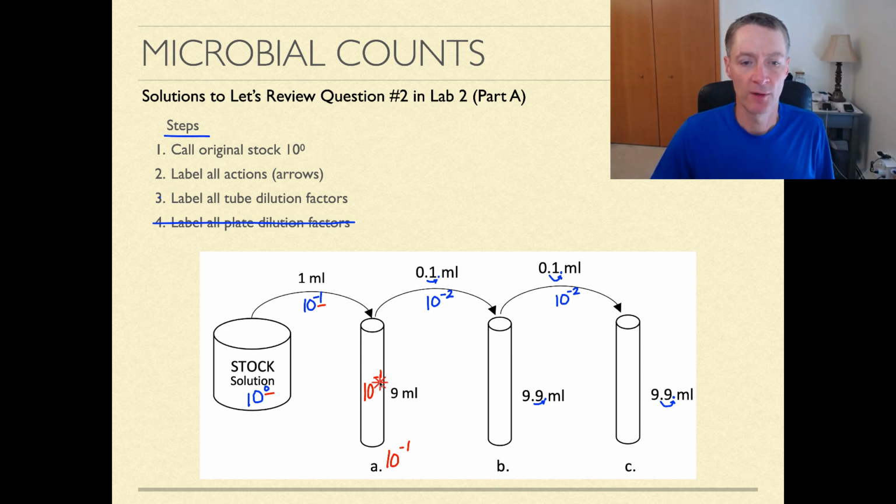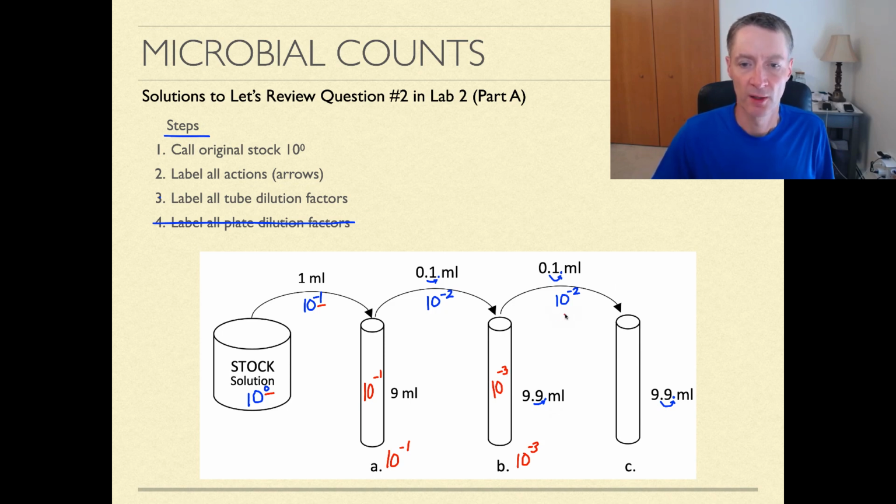It's negative 1 in this first tube. It's a negative 2 action that we've taken. We're going to have 10 to the negative 3. 10 to the negative 3 is our answer for that tube.